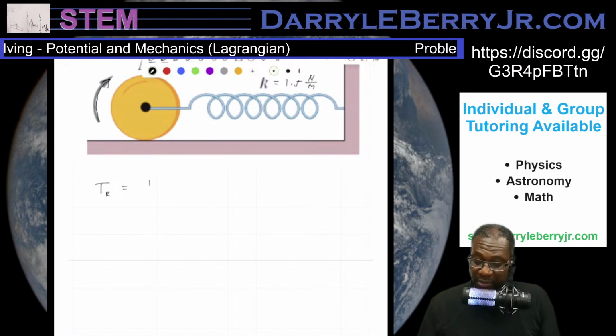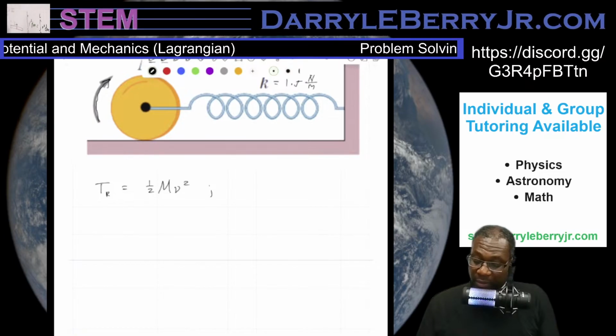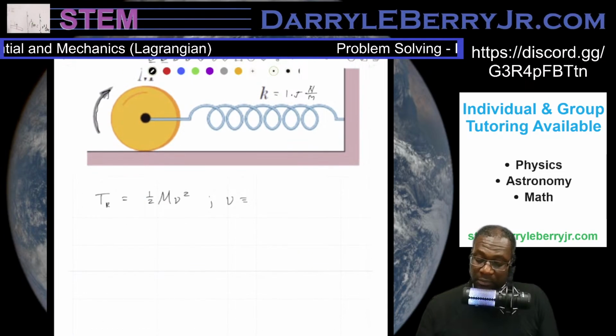is going to be 1/2 we'll call it m v squared. V is the change in angle.